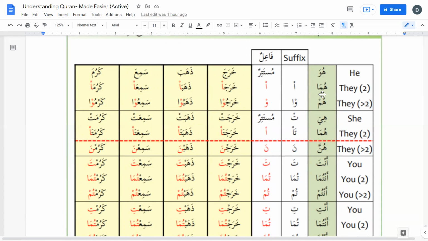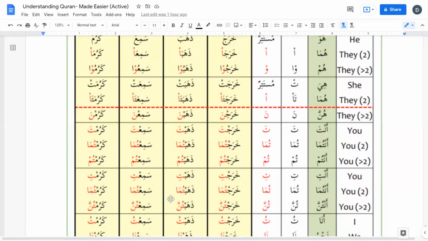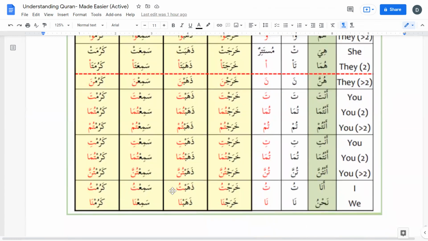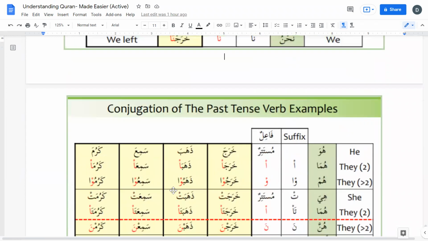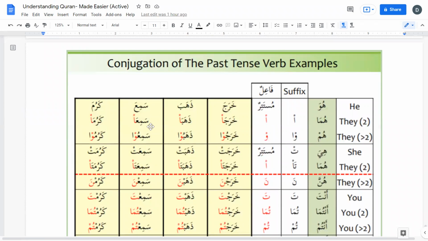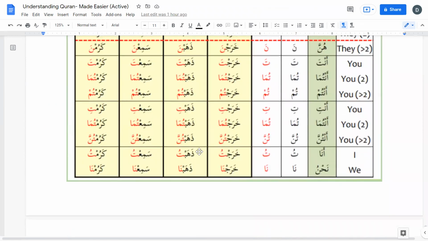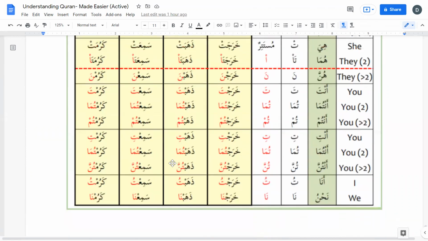Huwa zahaba, huma zahaba, hum zahabu, hiya zahabat, huma zahabata, hunna zahabna, anta zahabta, antuma zahabtuma, antum zahabtum, anti zahabti, antuma zahabtuma, antunna zahabtunna, ana zahabtu, nahnu zahabna. So this way you do the conjugation. Try doing it at home as much as you can.